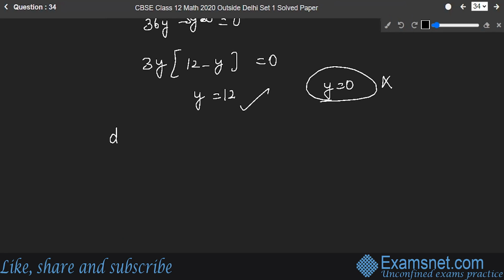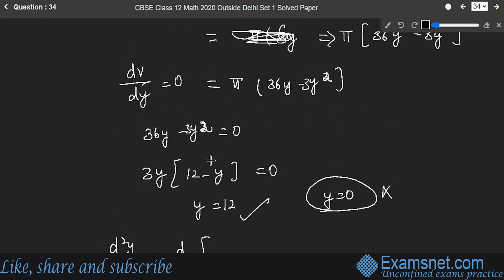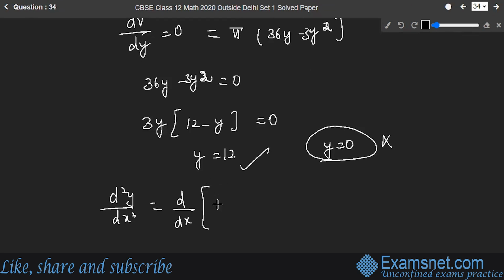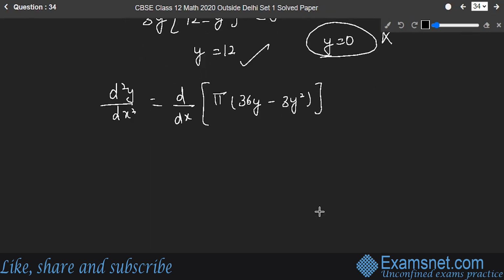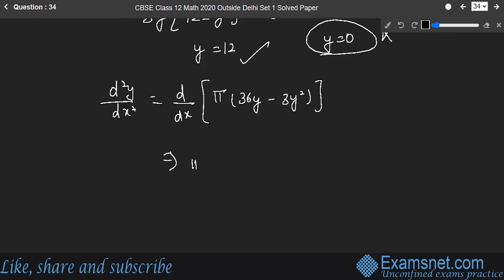So let's find out the second derivative. d square V upon dy square is d by dy of pi into (36y minus 3y square). Pi will be taken outside, and this will be equal to pi into (36 minus 6y). This is the second derivative, d square V upon dy square.